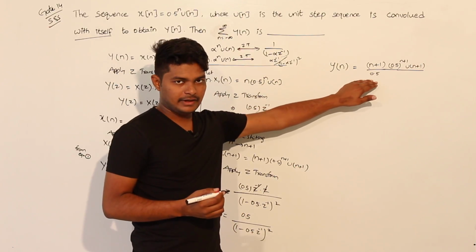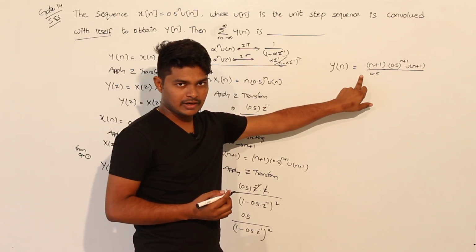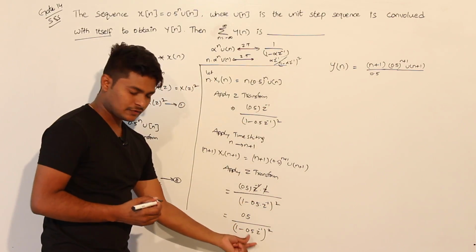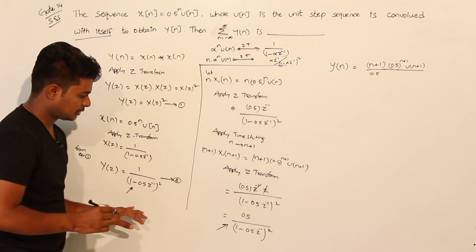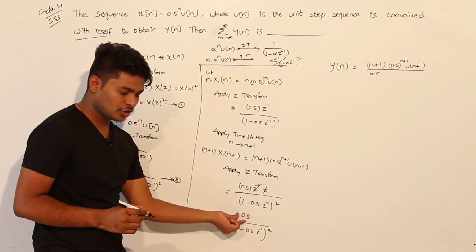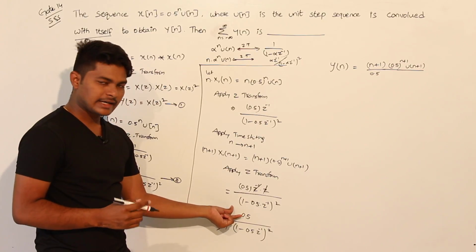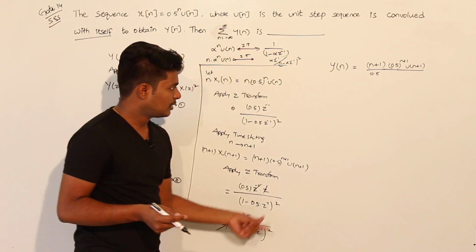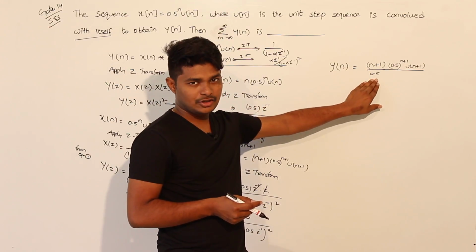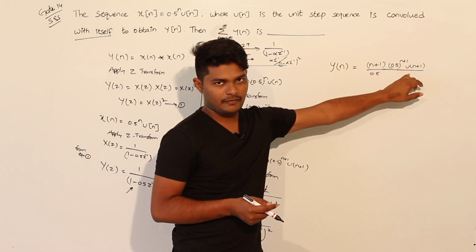Finally we get y of n. Why have I written this? Because the z transforms of this function and this function are both the same except for this 0.5 in the numerator. Then we can say the time functions will also be the same since the z transforms are the same. So by dividing by 0.5 here we got y of n.